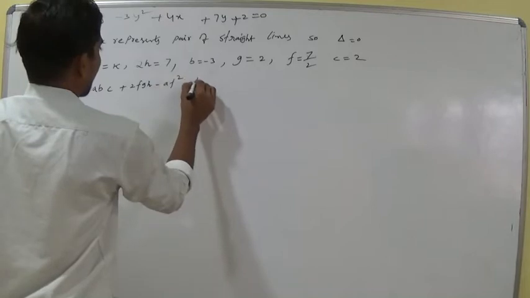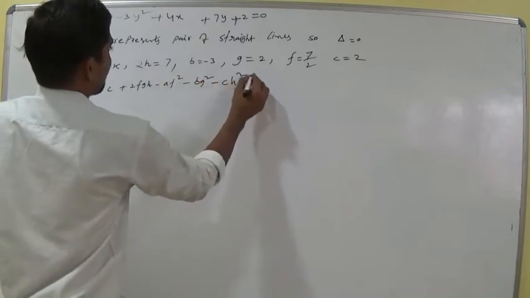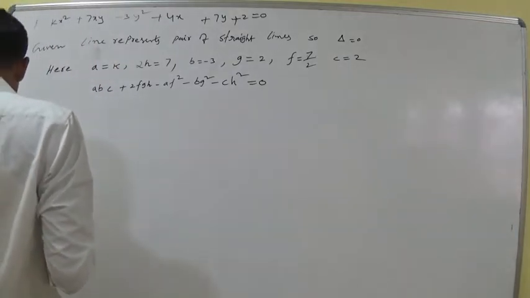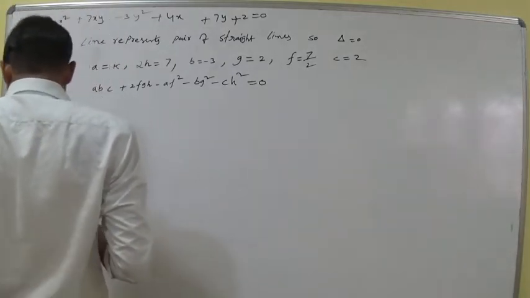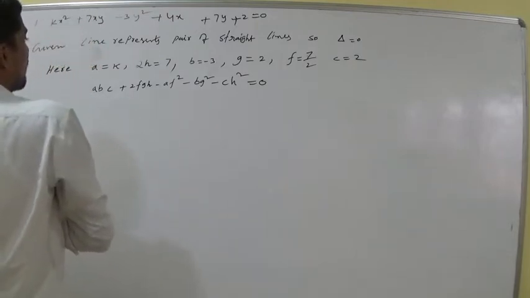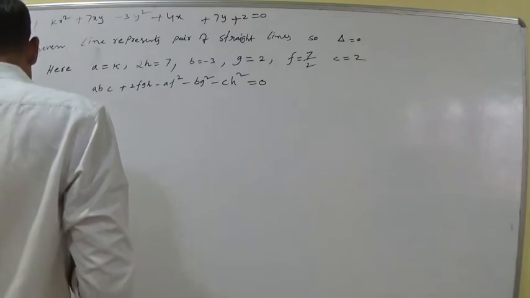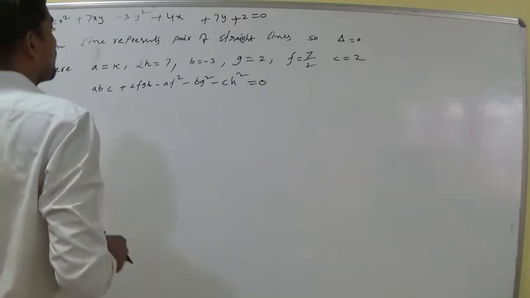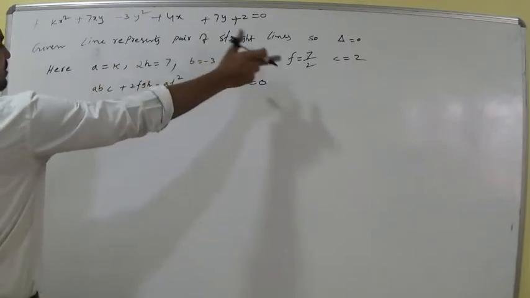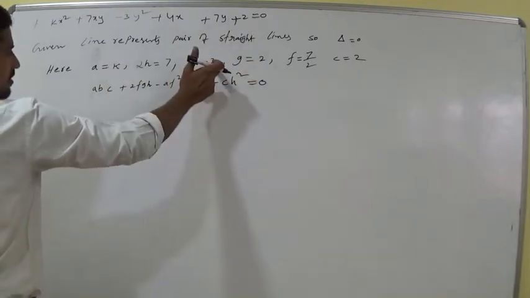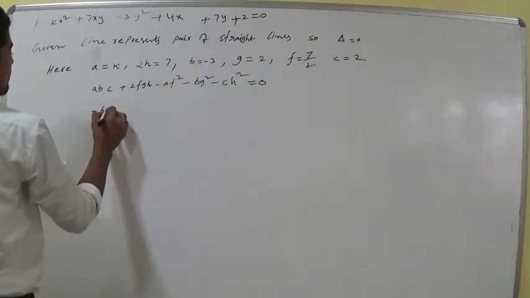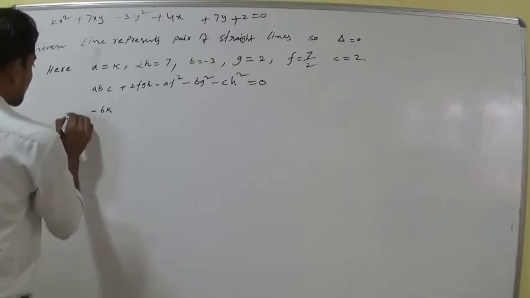What is a, what is b, what is c here? a is equal to k and b is equal to minus 3 and c is 2. So abc is k times minus 3 times 2, which is equal to minus 6k. Clear?